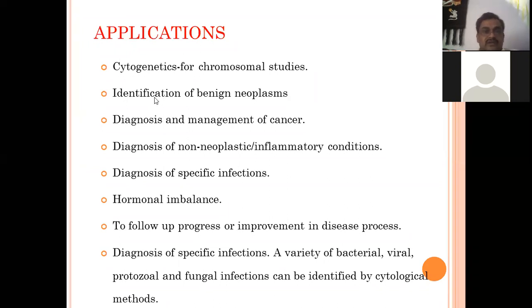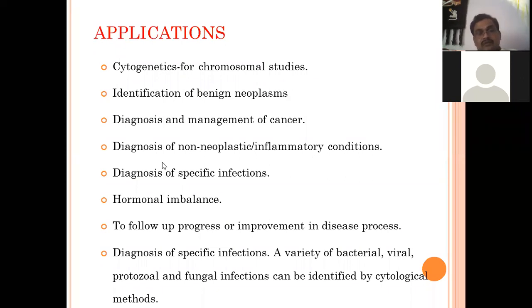Most important is early diagnosis of benign neoplasm. It also helps in diagnosis and management of cancer. The sample that you collect can be normal or abnormal, and the abnormality can be in terms of tumor or inflammation.